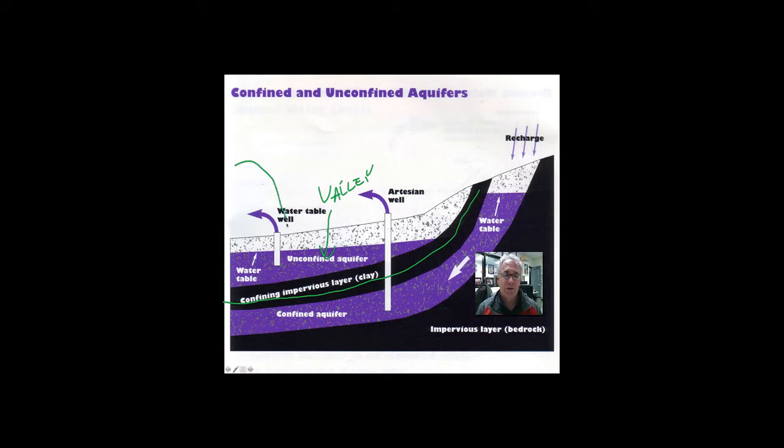What happens here is it gets recharged by lakes, rivers, streams, sloughs, etc. This, on the other hand, is primarily snowmelt and anything that can be captured up here in the Sierras. So a confined aquifer, at least in California, typically has its recharge source, or the place that it gets its water from, up in the Sierra Nevada.